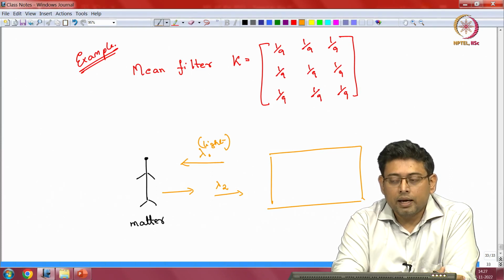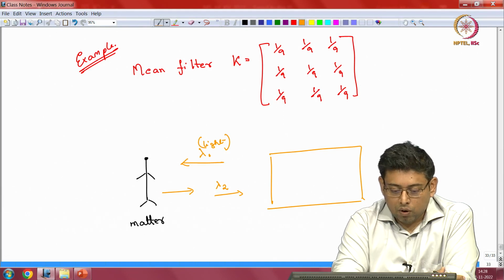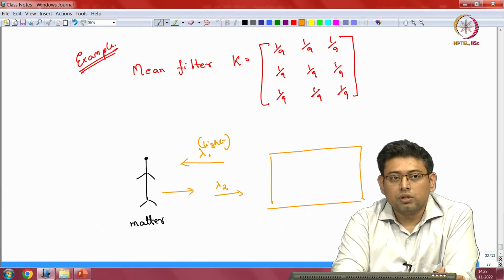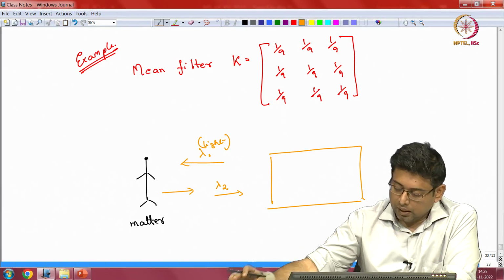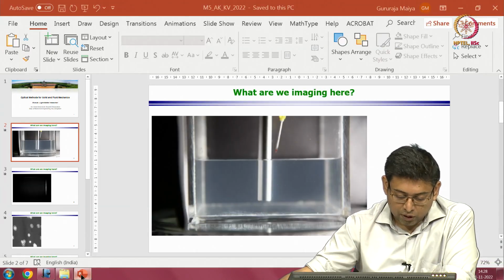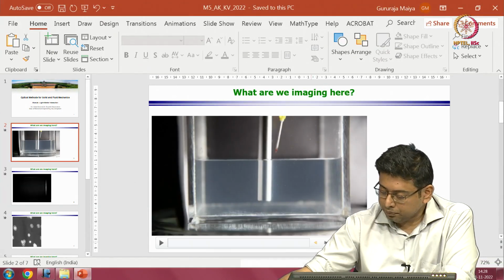But rather I realize that one easy way of highlighting all this is through examples. So I have chosen for you certain examples, and in that example I have just chosen some videos of some experiments.